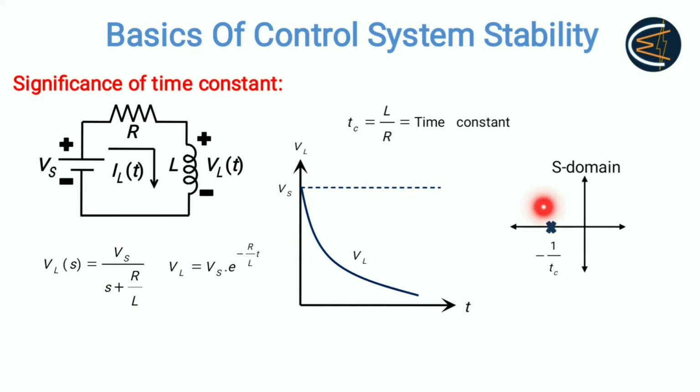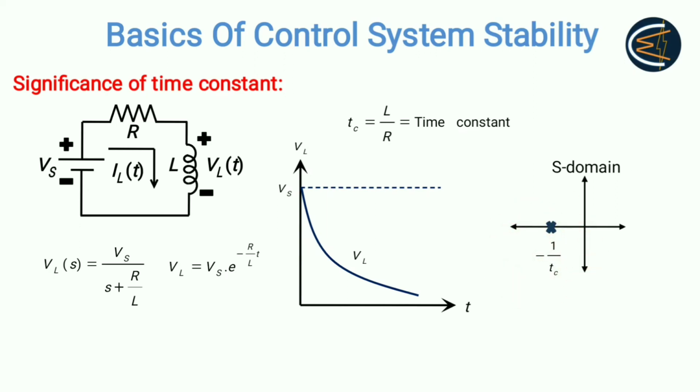So see, this is the pole corresponding to this system. And why have I written minus 1 by Tc? See, R by L is the pole and L by R is the time constant. So what will be the pole in terms of time constant? 1 by Tc, and minus because it is at the left hand side, that is why minus 1 by Tc is the position of the pole.